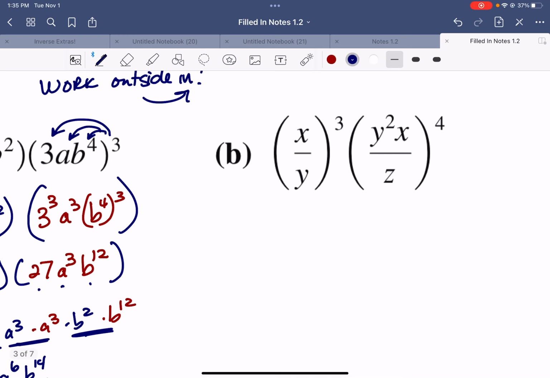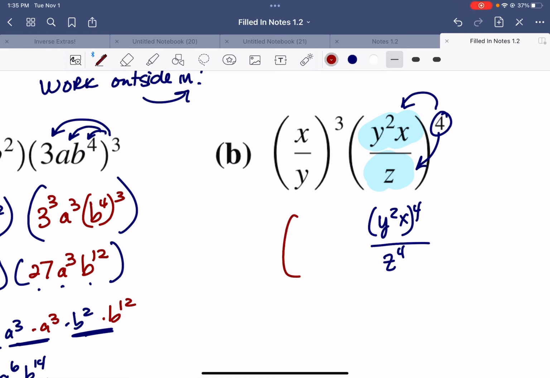So in this next one, yes, it does look really weird when you first look at it, but if we go one step at a time, working from the outside in, it'll all make sense. When I look at this, I see this is stuff over stuff raised to the 4th. So the 4th hits the top and gives me stuff to the 4th, and hits the bottom and gives me z to the 4th, but we bring this along.